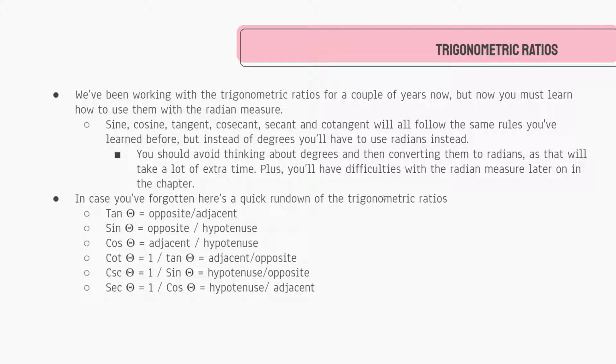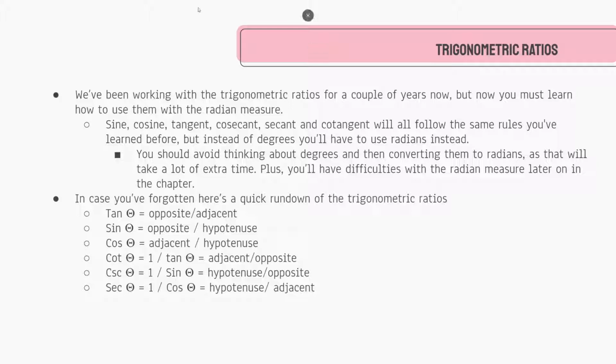Cotangent is equal to 1 over the tangent of theta, which is the reciprocal of what we had before, which is adjacent over opposite. Now the cosecant is equal to 1 over sine theta, which is again the inverse, so we have the hypotenuse over the opposite side. And lastly, our secant is equal to 1 over cos theta, and that is equal to the hypotenuse over the adjacent side.